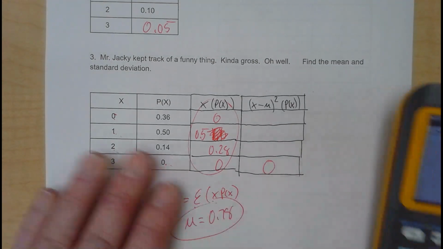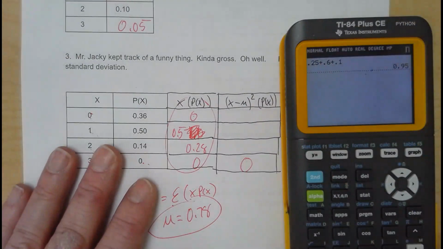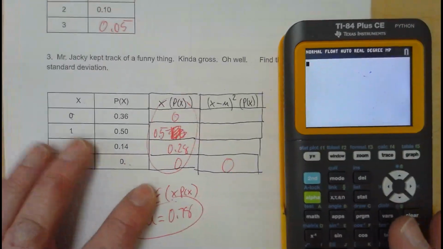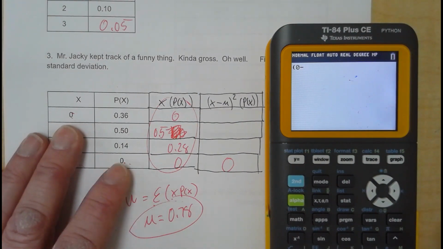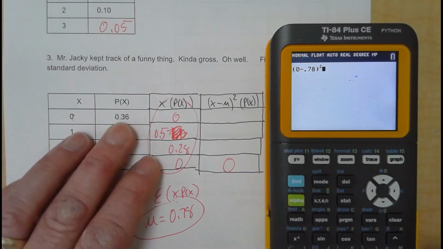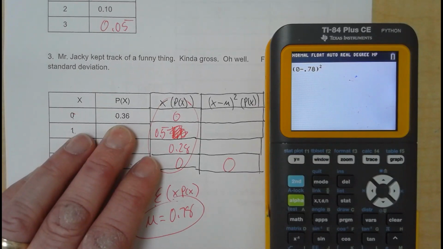So now we're going to do the other one. All right, so it's x, which is 0, minus mu, which is 0.78, quantity squared, times the probability, which is 0.36. Enter.